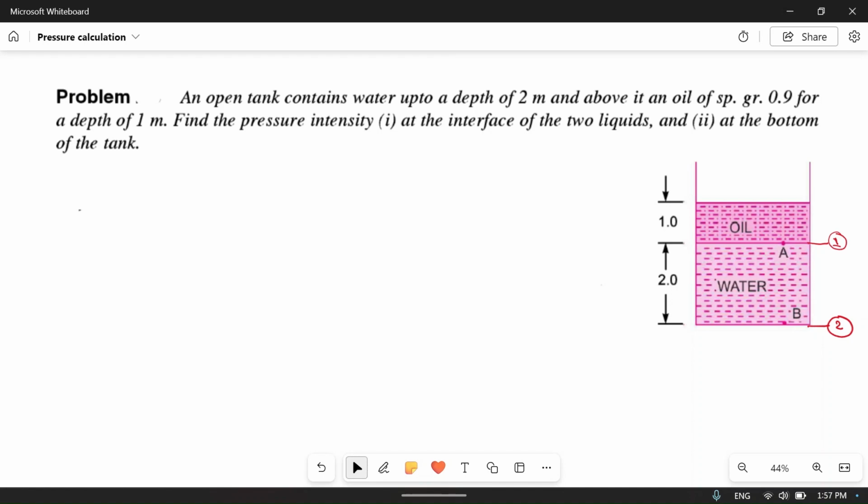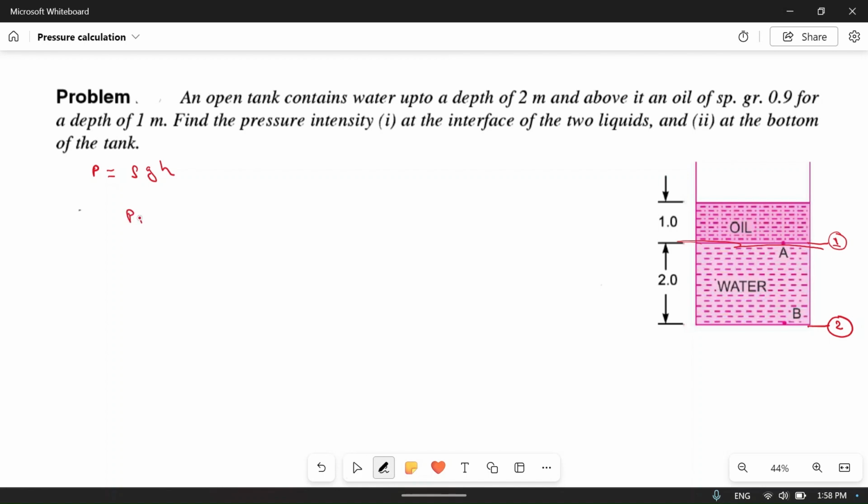We have already seen that the formula of pressure is rho g h, where rho is density, g is acceleration due to gravity, h is height of the column. At the interface, pressure is acting due to only the oil above this point. So at the interface pressure will be only due to the column of oil.